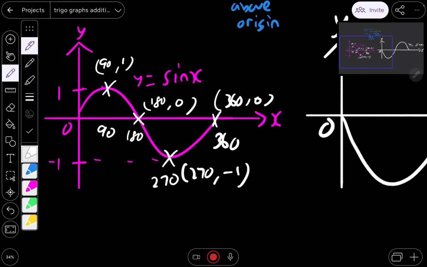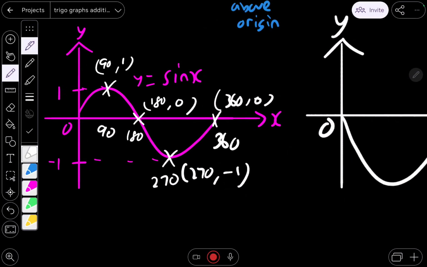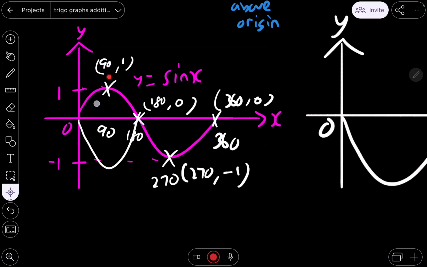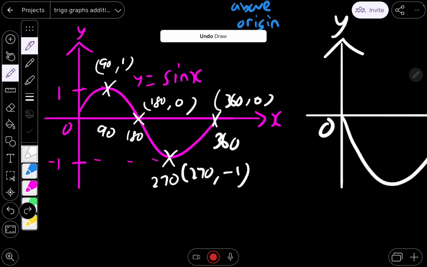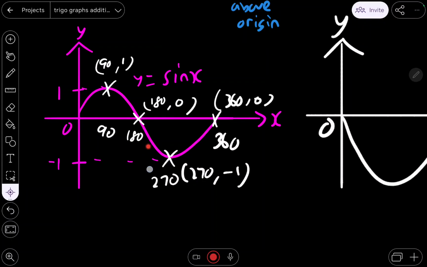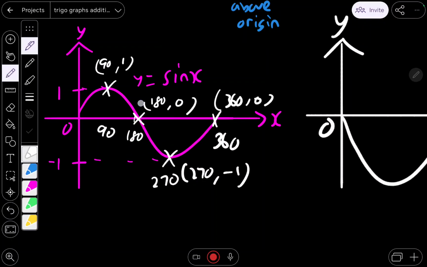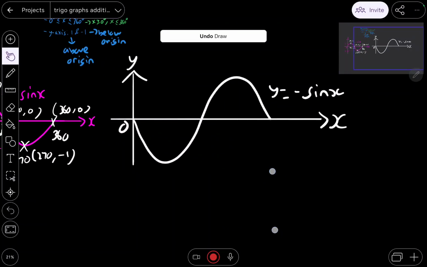If you do notice, for a negative sine x graph, it just goes the other way around. If this goes like this, the mirror image will be like this. And if this one goes like that, the mirror image will be upwards, which I will sketch out for you as well. So that's why it's like that.